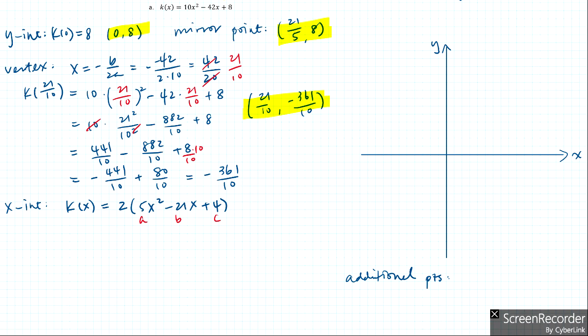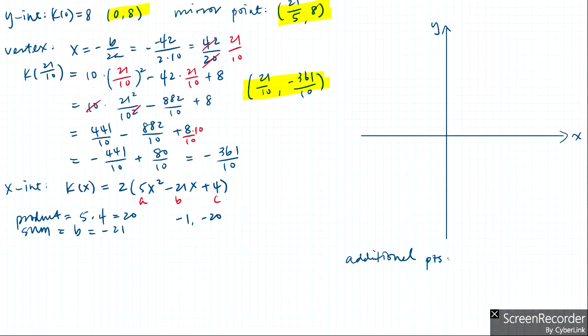With this information, I'm going to use the AC method. So I want the product to be equal to a times c, which is 5 times 4, or 20, and I want the sum to be equal to b, which is negative 21. Again, take your time to go through the factor pairs. In this case, we will eventually find the two numbers are negative 1 and negative 20.